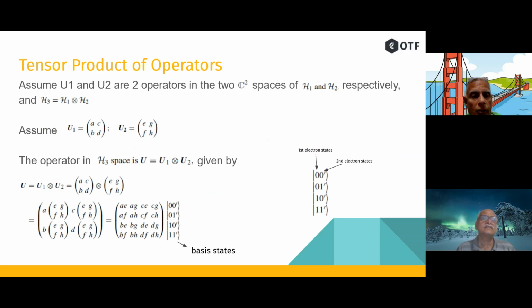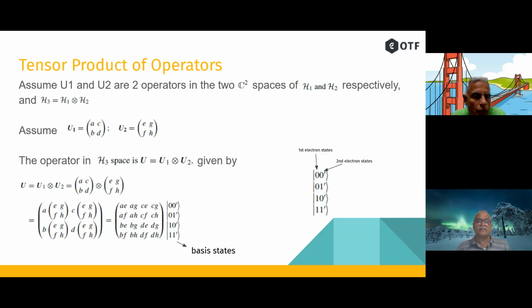So here is a simple example of how I can create the tensor product of operators. Now we are talking about operators. Let us say I have two operators, u1 and u2, and both these operators are in C2 spaces. These are separate spaces, so I can call them space h1 and space h2. h1 has the operator u1, h2 has an operator u2.